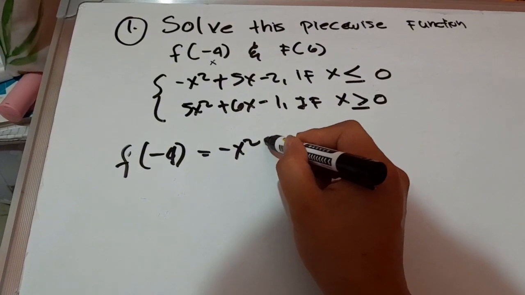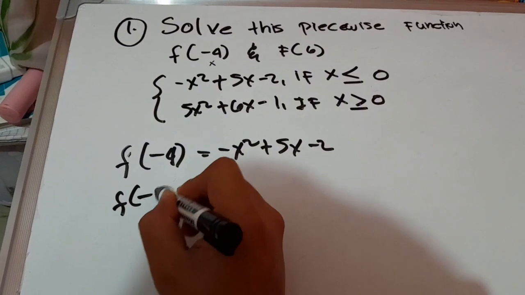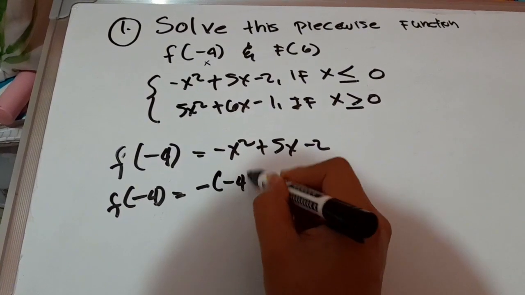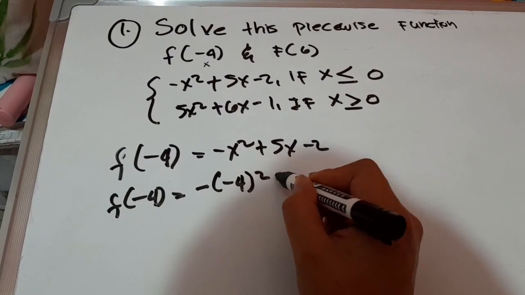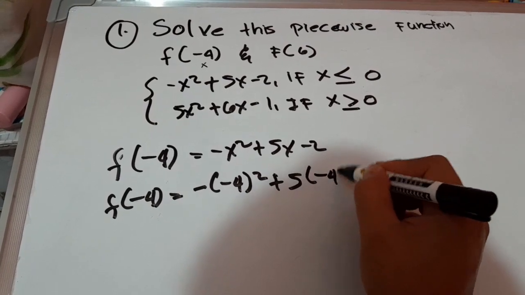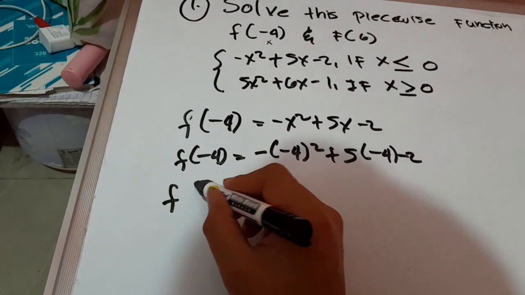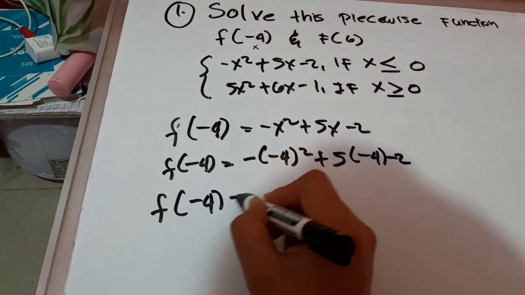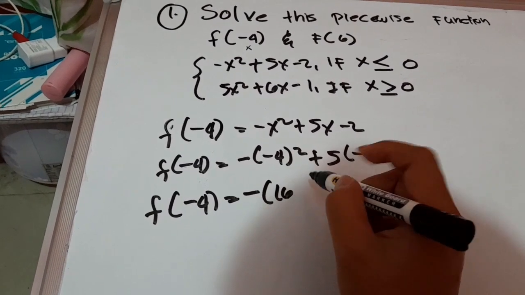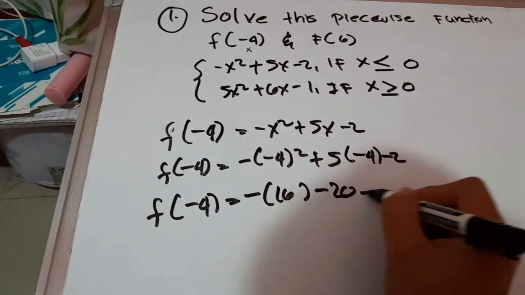So negative x squared plus 5x minus 2. So f of negative 4 equals negative 4 squared plus 5 times negative 4 minus 2. So f of negative 4 is equal to negative 16, negative 20, minus 2.